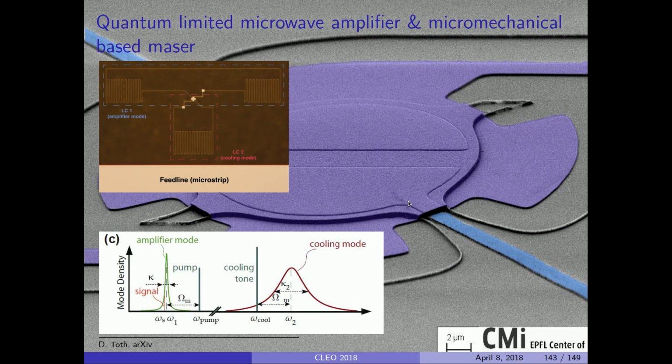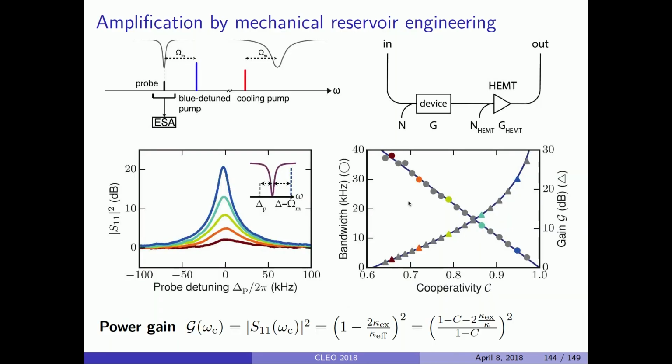And in this application, what is interesting is that the noise that you add during the amplification process is the residual thermal occupancy of the oscillator. So if you cool that to the ground state, then you can make a phase-preserving amplifier, which just adds half a quanta of noise. So you can make low noise amplifiers using mechanical oscillators, not for optical fields, but for microwave fields.